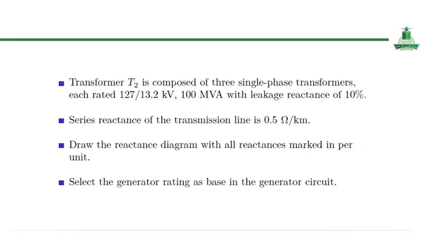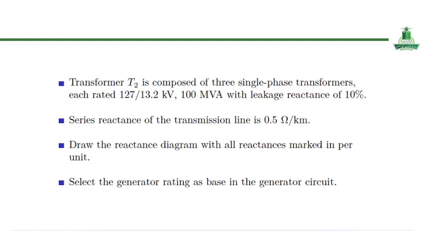Okay, this configuration is typical in HV systems and must be carefully represented to ensure accurate impedance transformation between voltage levels. So the transmission line also is characterized by a series reactance of 0.5 ohm per kilometer, which must be converted into per unit based on the selected system base values and the line length.